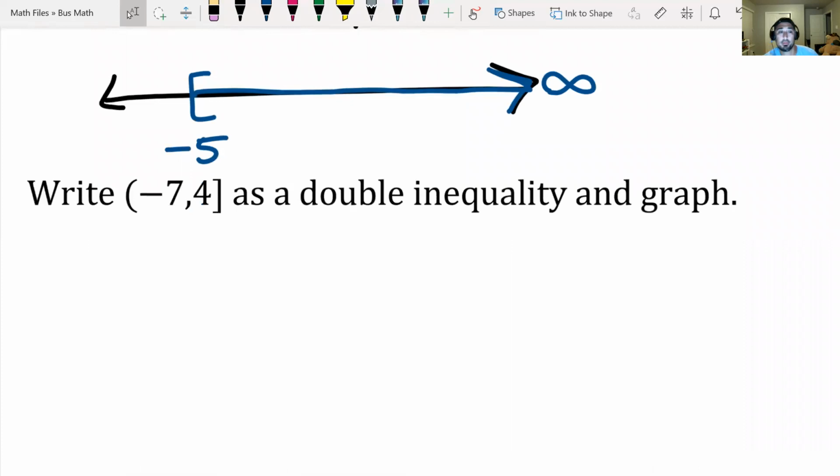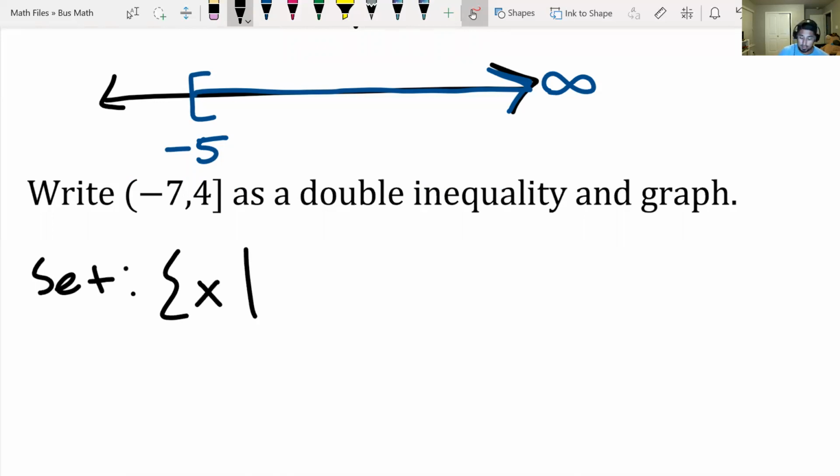Last one here. So write (-7, 4] as a double inequality and graph. Okay. So again, we're going to want set notation. So we'll say for all values of x such that, and -7 has a parentheses.